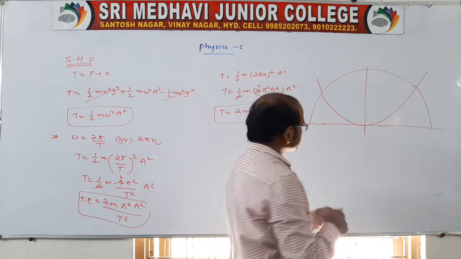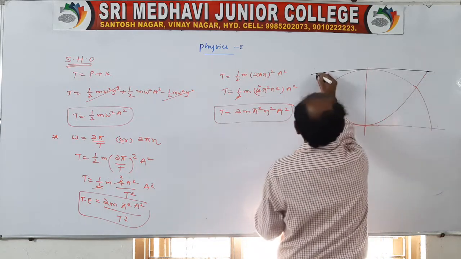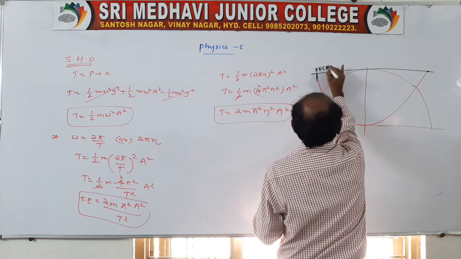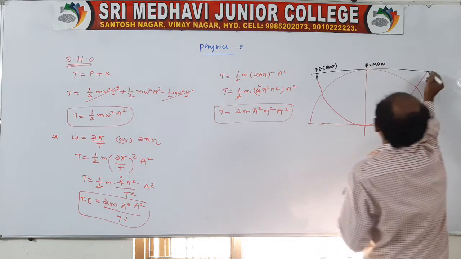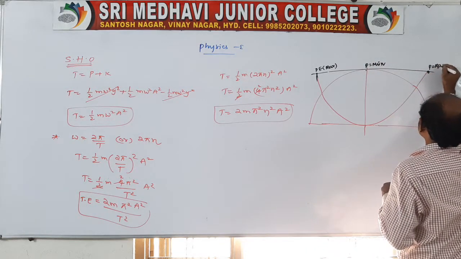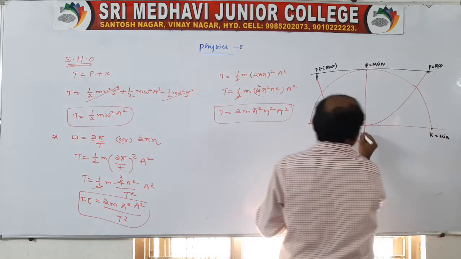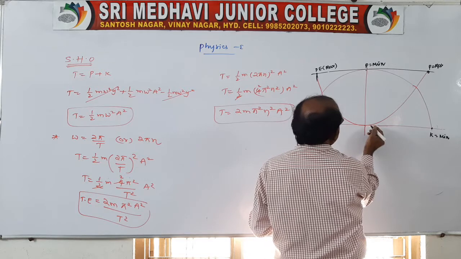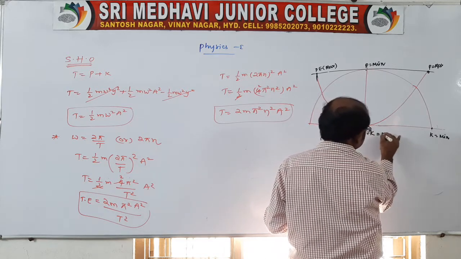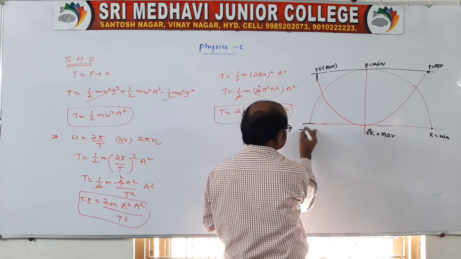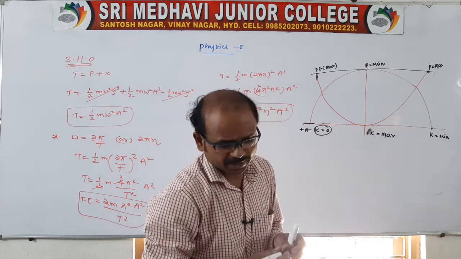Here potential energy is maximum, here potential energy is minimum, and here also potential energy is maximum. Whereas in this case kinetic energy is minimum, quite opposite. Here kinetic energy is maximum, and at the plus extreme, kinetic energy is minimum or 0.